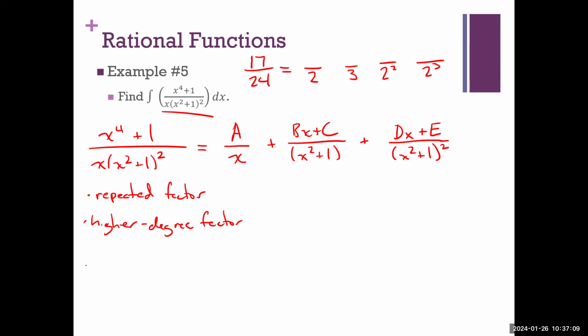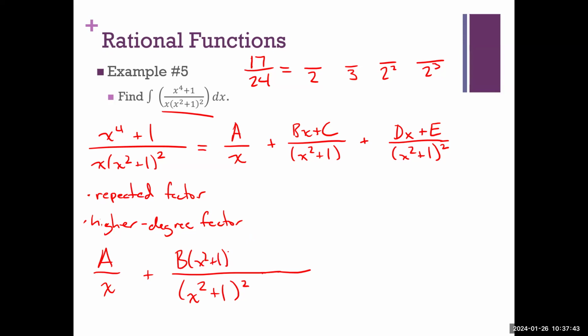What if instead what we did is this: a over x plus something, and then the only other one we had was x squared plus 1 squared. What's the degree of that x squared plus 1 squared? That's 4, right? So because of that, I would have to account for a third degree thing up here, right? So that'd be b times x squared plus 1.